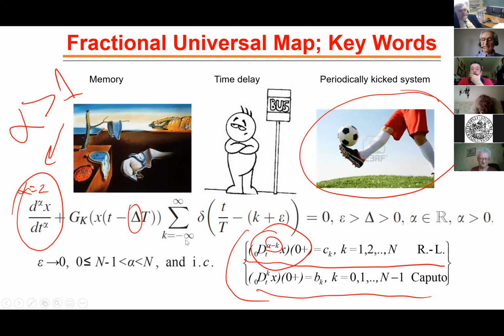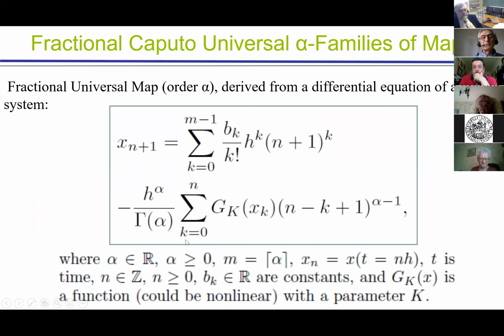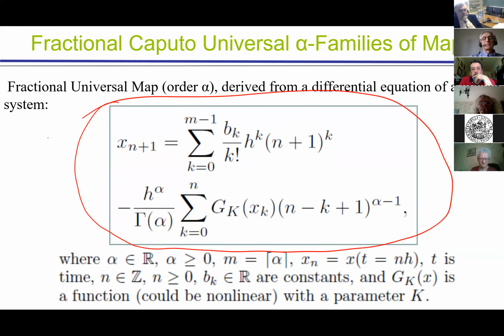Okay, I will not go in more details, but I consider fractional Caputo map, and this is the universal map. Those are terms which depend on initial conditions.